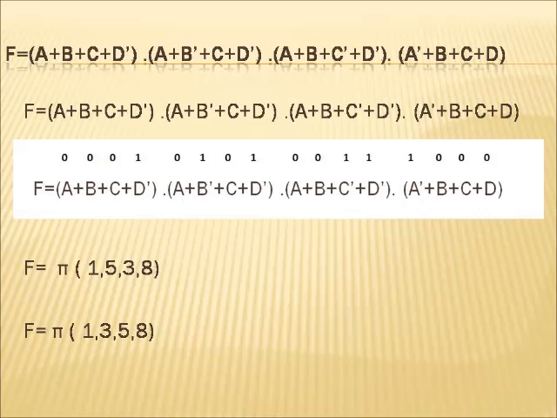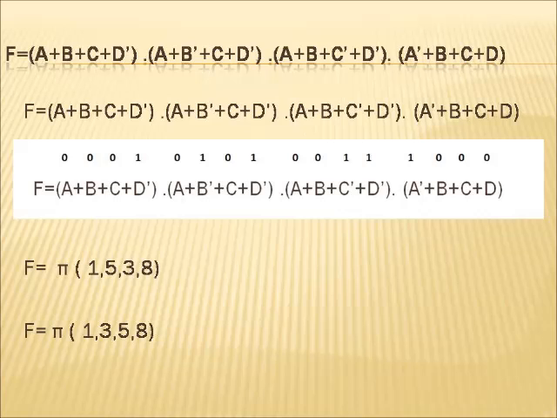Then in the next line you can see that I am rearranging the values in ascending form. As it is the POS expression, we have to use the symbol pi. So f is equal to pi of 1 comma 3 comma 5 comma 8, right? So here we were given a Boolean expression in the POS form.